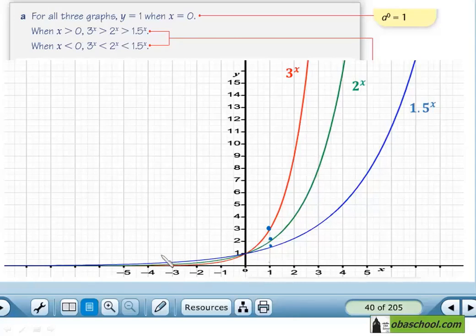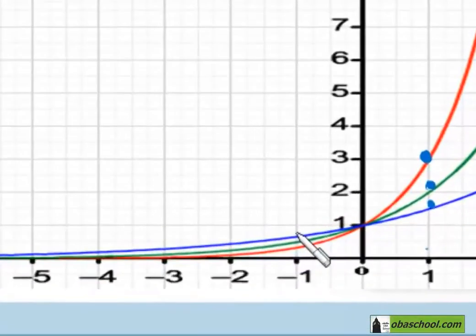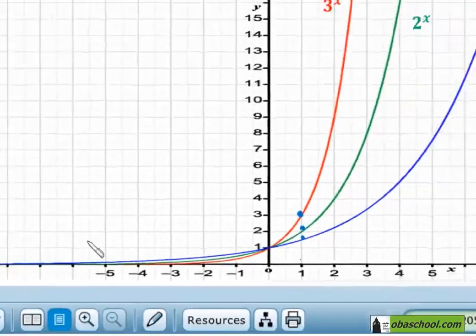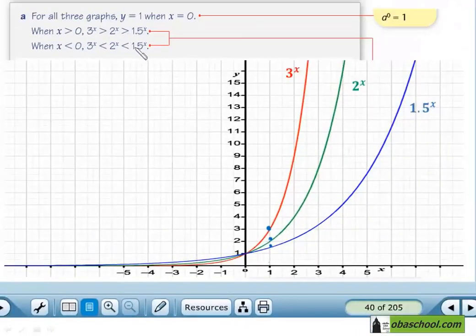We're going to have 3 to the power x at the bottom, 2 to the power x stays in the middle, and 1.5 to the power x is on top. This is one of the properties of exponential functions and exponential graphs. That would be the end of the comparison of all three curves.